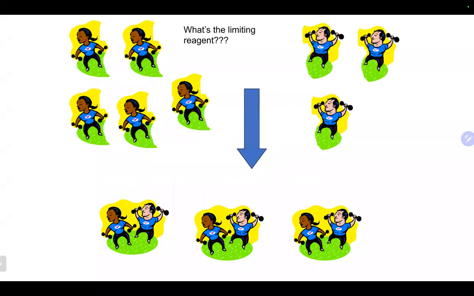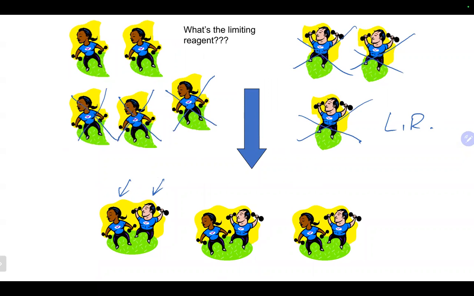And here, if we look at exercise buddies, we need a guy and a girl here to do that. So clearly we can see at some point here, we are going to use up the guys, and that would mean that our guys are the limiting reagent. We also could see, just based on stoichiometry, that we have enough to use up 3 of the females here.